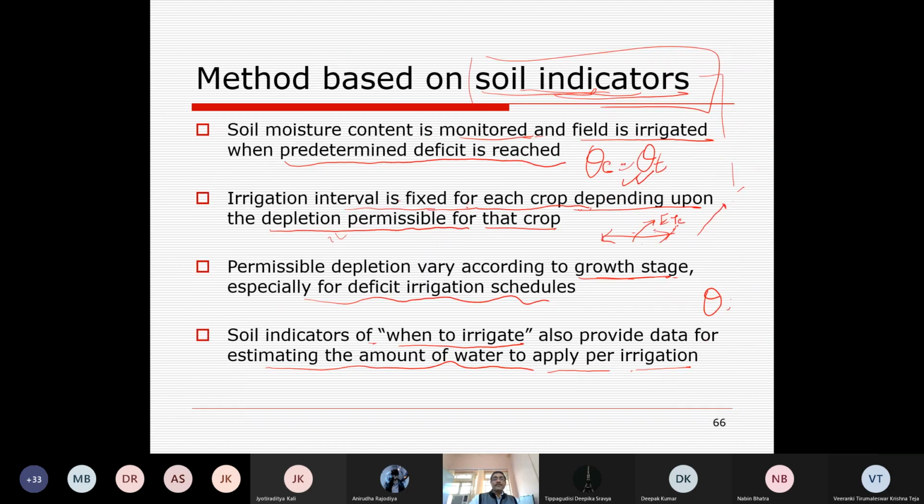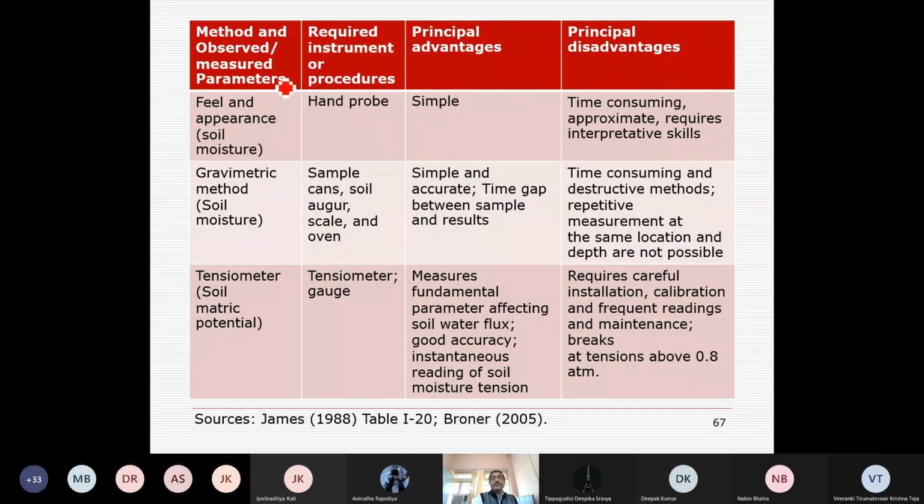Just like here, we have a method that is used to measure the soil moisture, like the feel and appearance method. If you recall, we discussed. We can just take the soil, see by taking it in our hand, and we can use this for irrigation scheduling purpose.